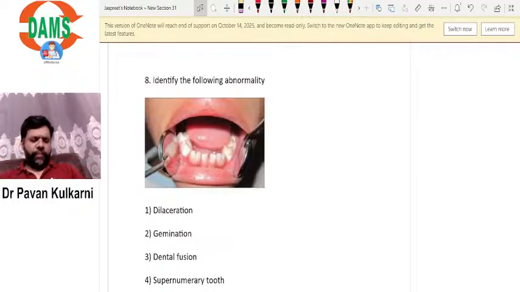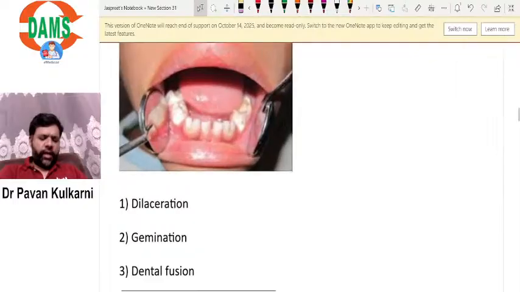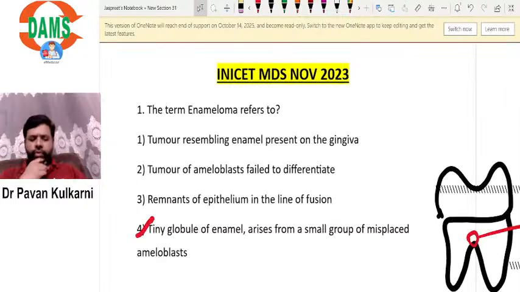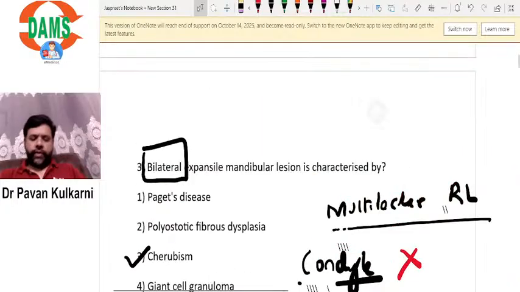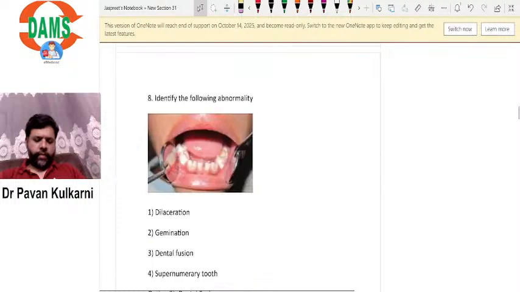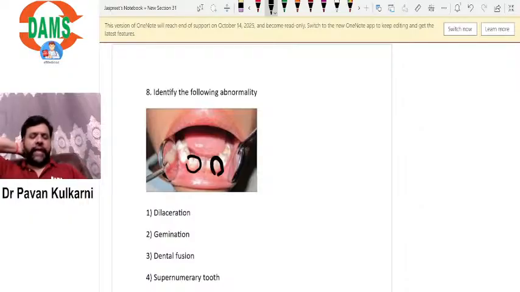Identify the following abnormality. If you see carefully in this case, I'll just zoom for you. This tooth and this tooth, one tooth is fused with the other.